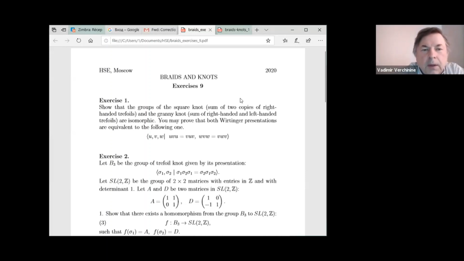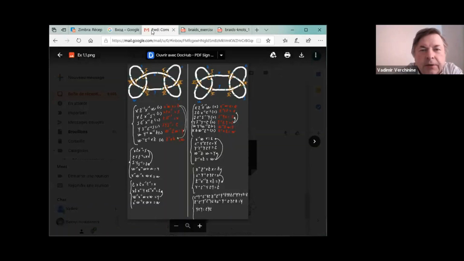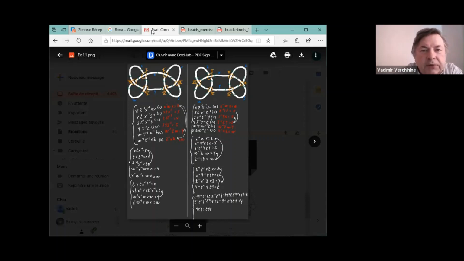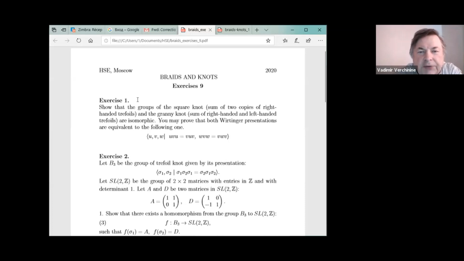So the first exercise we shall take, the aim of this exercise is to understand that 2 notes which are different, like granny and square, are in some sense completely different.